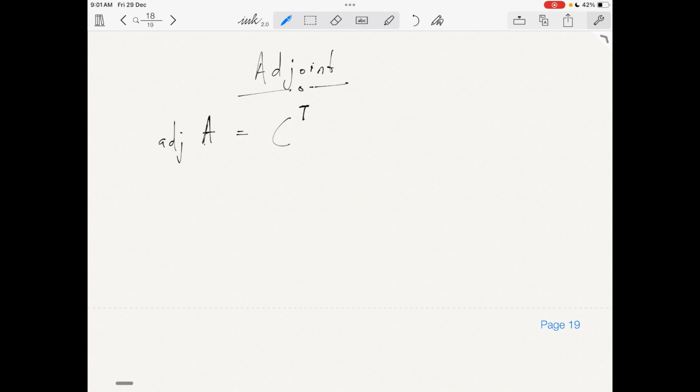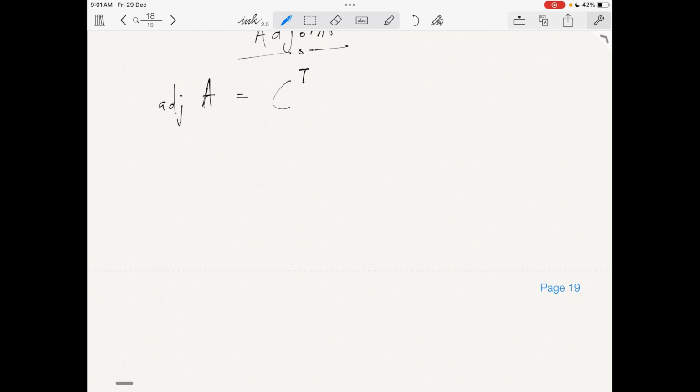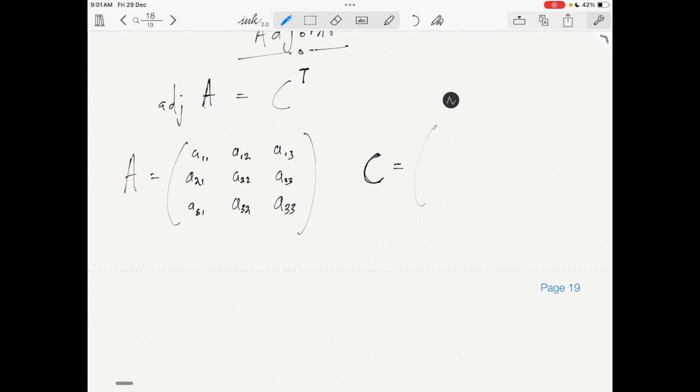So let's take for instance we are given the matrix A to be A11, A12, A13, A21, A22, A23, A31, A32, A33. And let the cofactor matrix be C11, C12, C13, C21, C22, C23, C31, C32, C33.